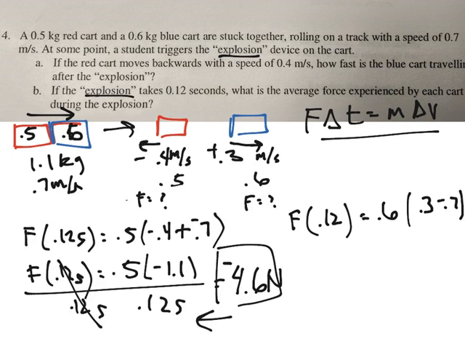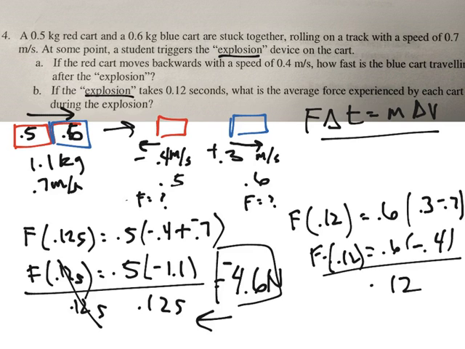So actually, overall, these things both slowed down. Alright, so you get negative 0.4 in this case, times 0.6, force times 0.12, divide by 0.12, and you get the force is equal to 2 newtons. So this is the average force value.